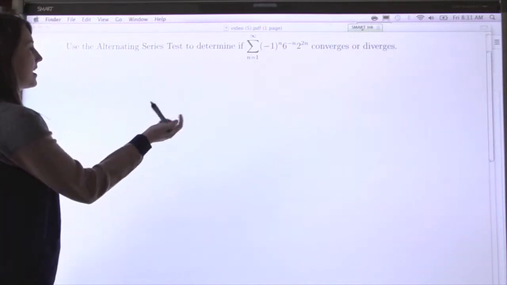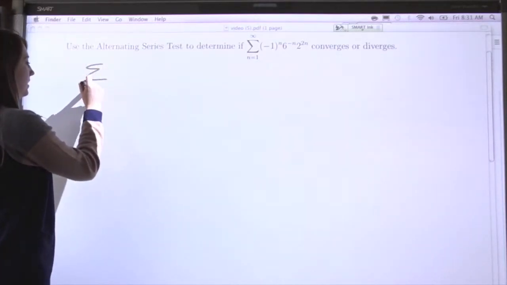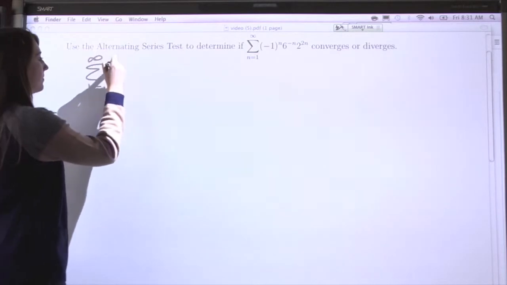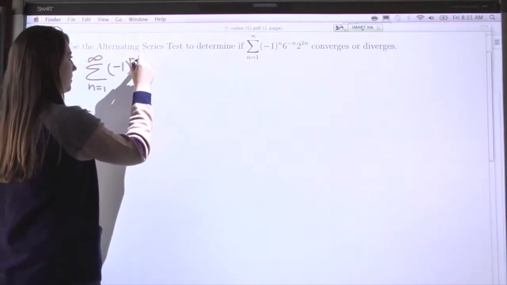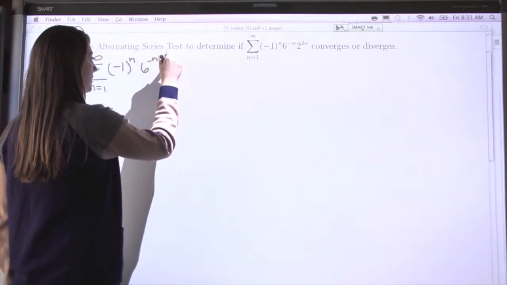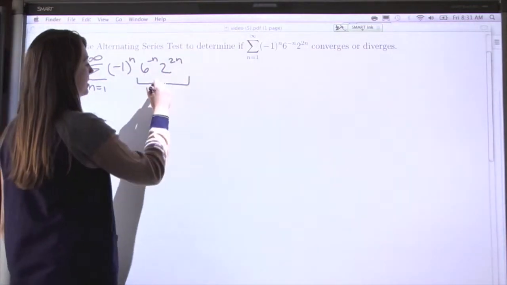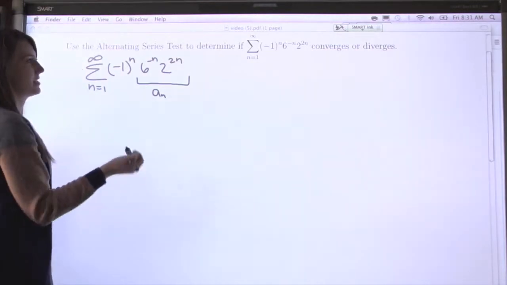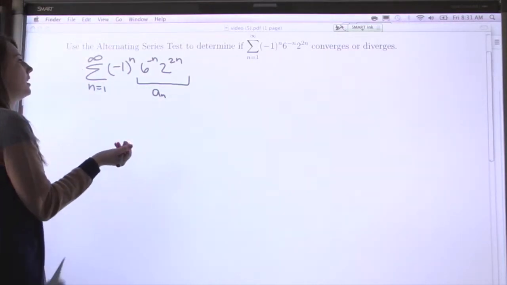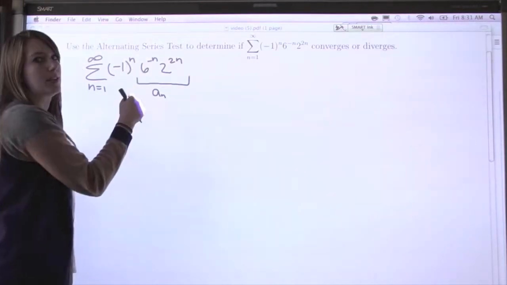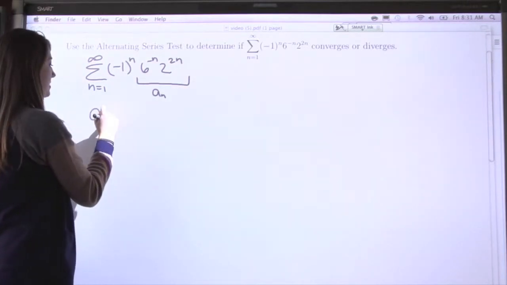So let's start by rewriting this. Okay, so we can see from this that this is going to be a sub n. But I feel like this doesn't really tell us much, especially because of the negative exponent. So I'm going to rewrite this.